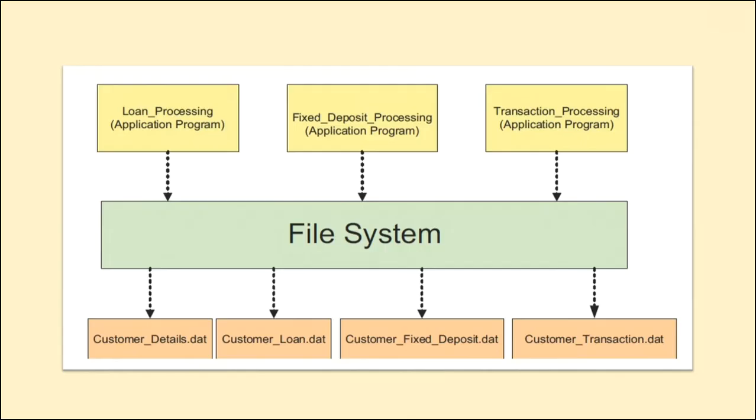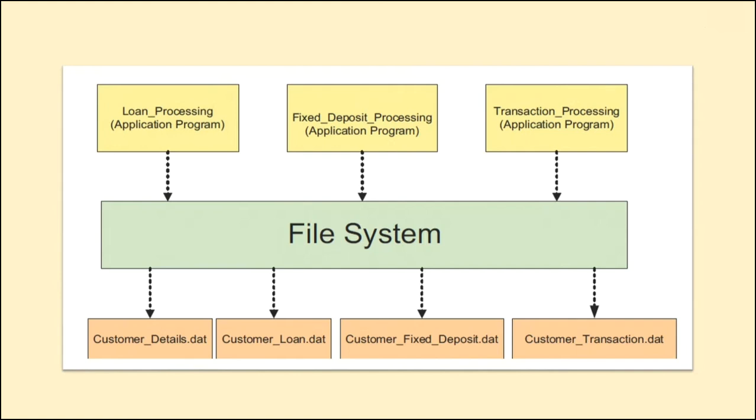Once the customer is confirmed and takes the loan, that customer details data will be added into the customer's loan file. That means a new record is added into the customer loans file. Are you getting?